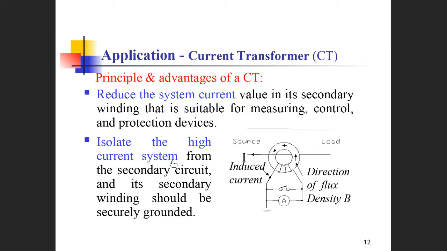Just to give you one example, suppose we have wires, and on the wires we have current I, then we have a magnetic field produced surrounding the I. You can use the right hand rule: the thumb points to the current direction, and your four fingers point to the surrounding magnetic field direction. So you have a magnetic field like this.